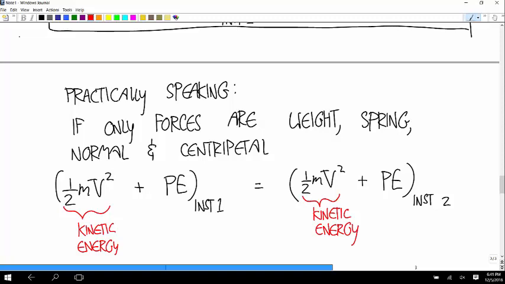And so this says that over time that stays constant. The potential energy doesn't stay constant and the kinetic energy doesn't stay constant, but the sum of the two of them does. Okay.